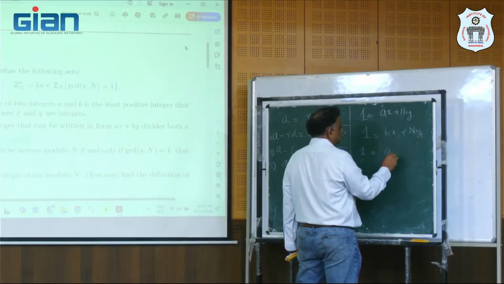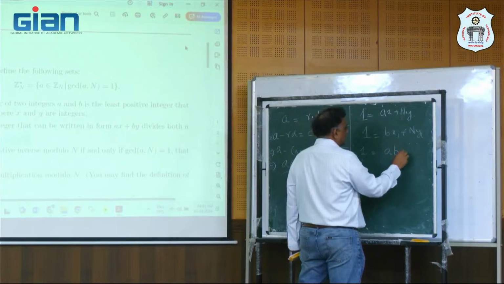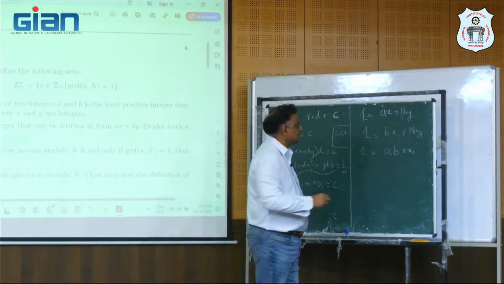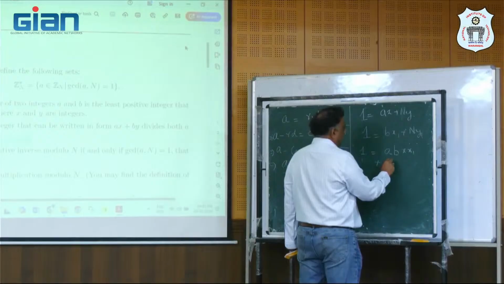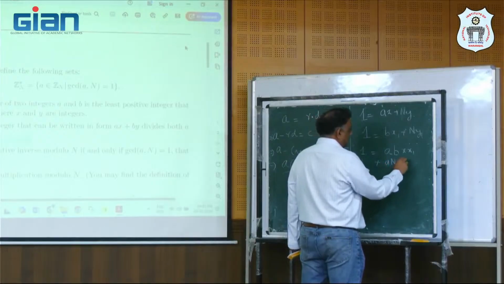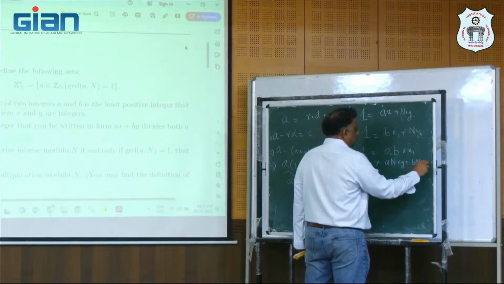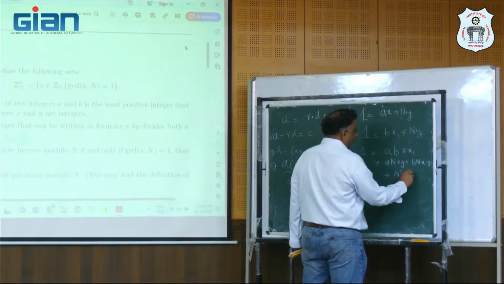AB, correct, plus An times y1, plus Bn times x1 y, plus n squared y y1.